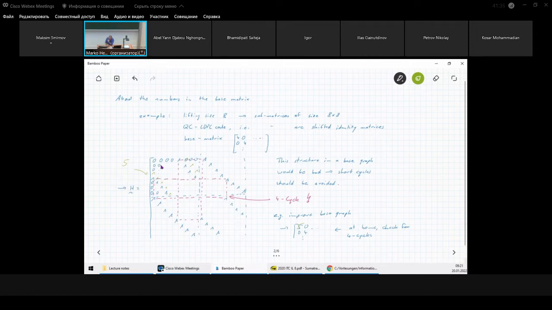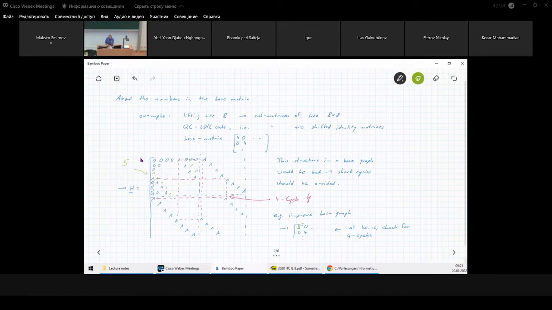For a 4 cycle, if you sum the elements of these 2 rows, you get here 0, 0, 0. Here you will get 2, 0, 0, 0, another 2, and some more zeros. Or if you had a 1 here and a 0 here, you will get 1. So if you sum 2 rows, and in the resulting vector you will observe 2 times a value of 2, then you are sure you will have a 4 cycle.